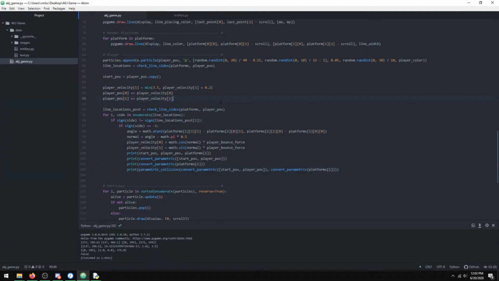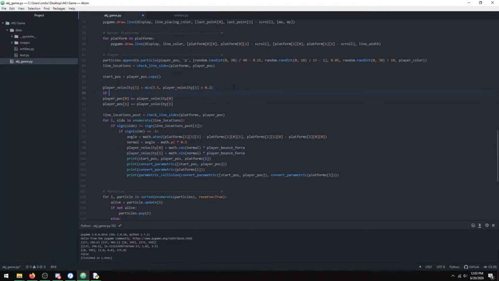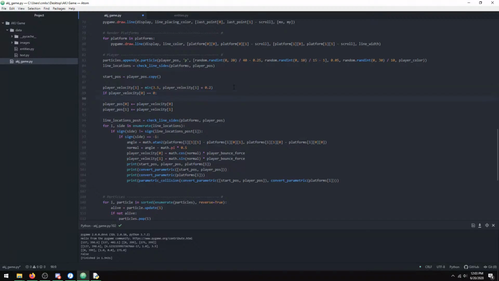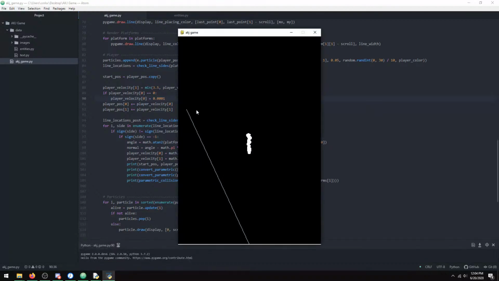So what I'm gonna do, I'm gonna cheese it. If player velocity 0 is 0, player velocity 0 equals 0.00001. Does that fix it?